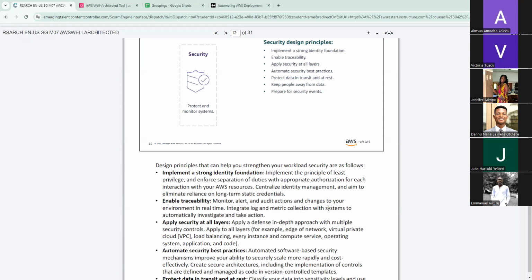Okay, so automating security best practices helps us elevate our ability to securely scale more rapidly and cost effectively. So let's dive deeper into that.